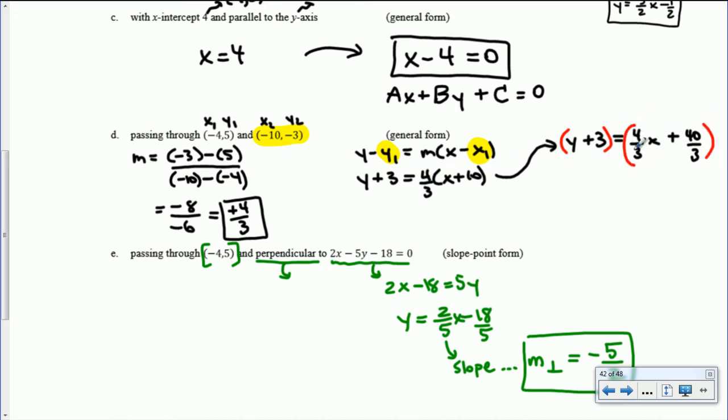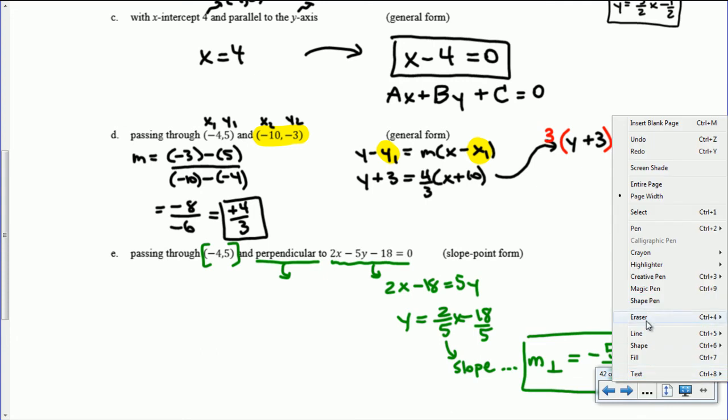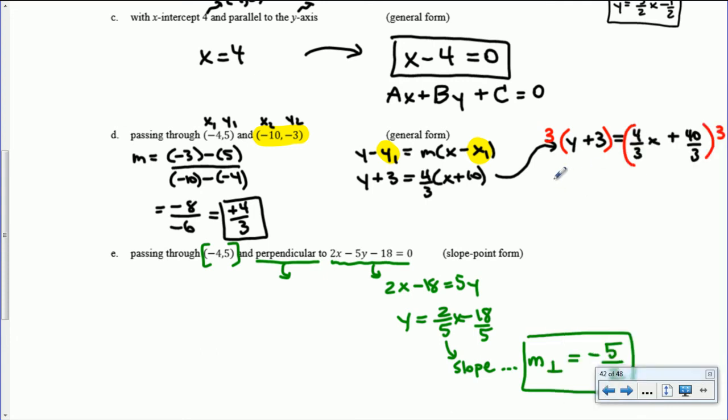Great. Now I'm going to get rid of the denominator by multiplying by 3. So multiply both sides of that by 3. The left side of this equation will be 3y plus 9. The right side will be 4x plus 40.